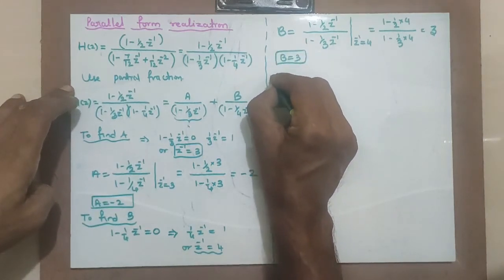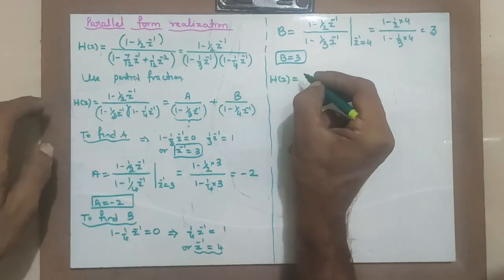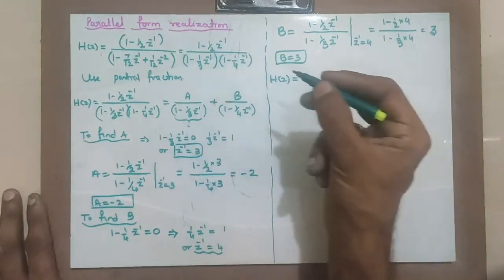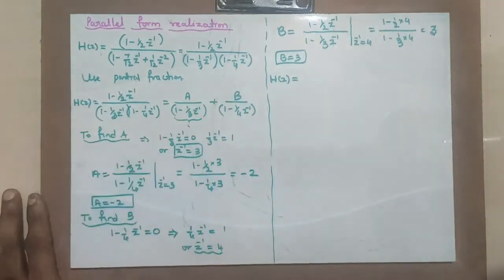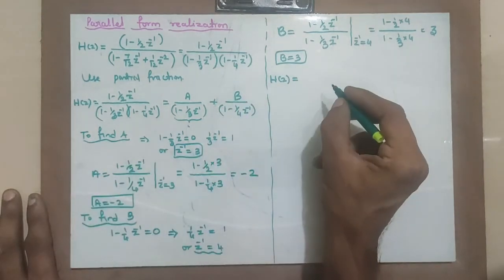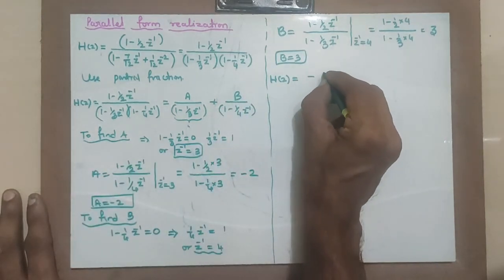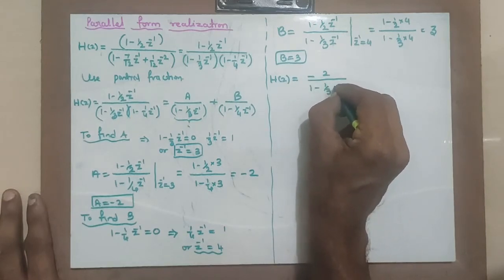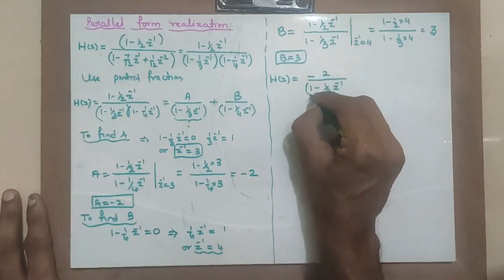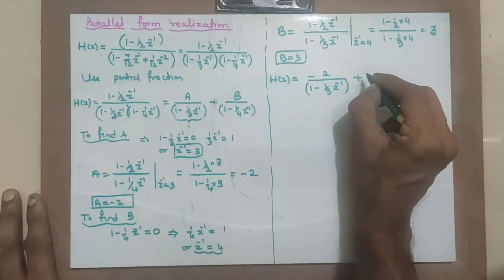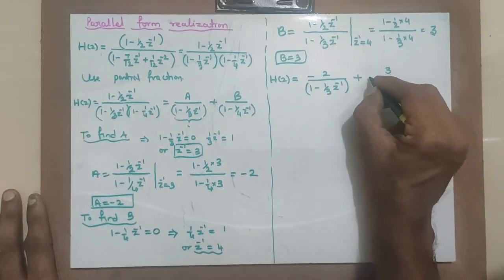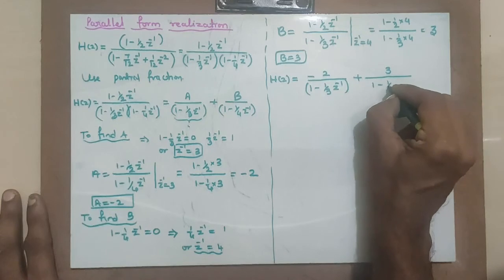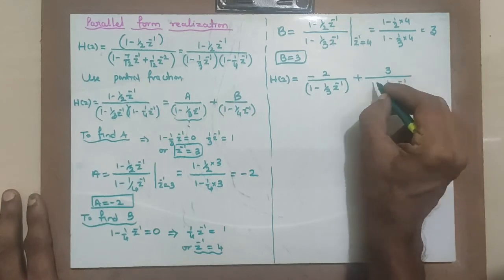Hence, given H of z, you can see that a, which is minus 2, divided by 1 minus 1 by 3 z raised to minus 1, plus b, which is 3, divided by 1 minus 1 by 4 z raised to minus 1.